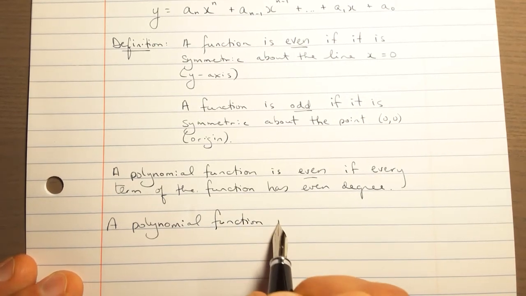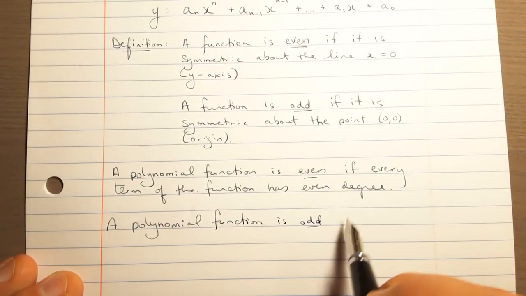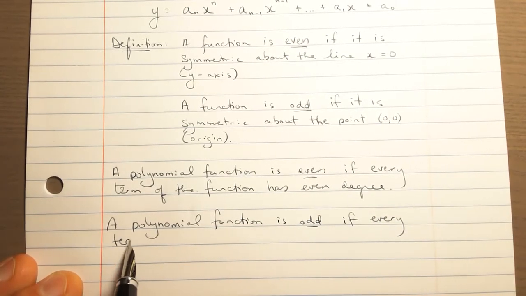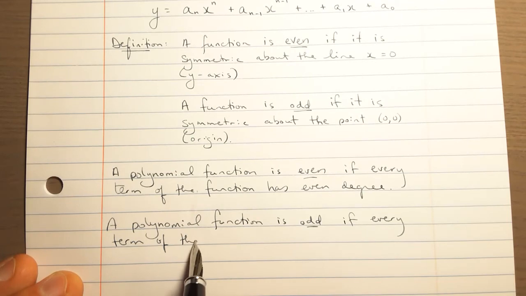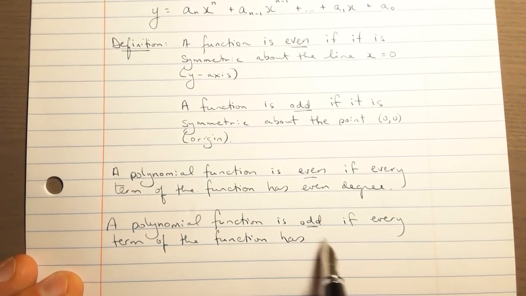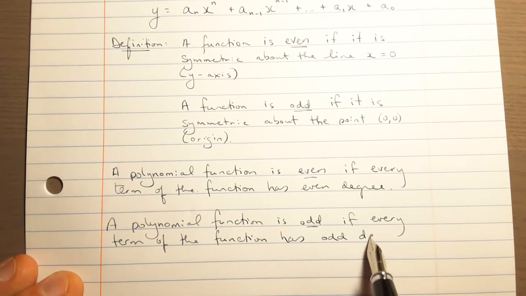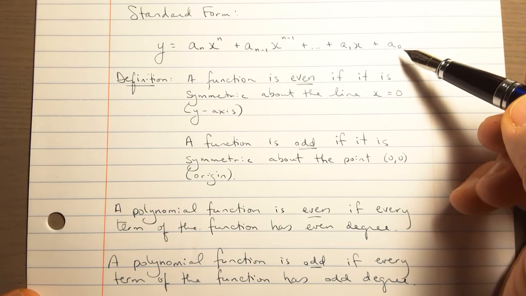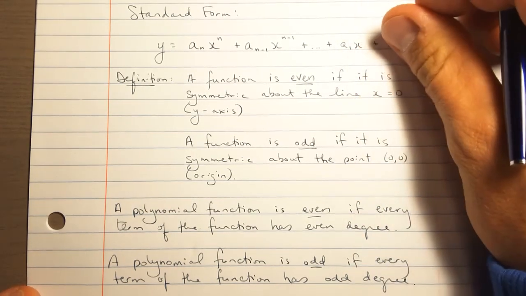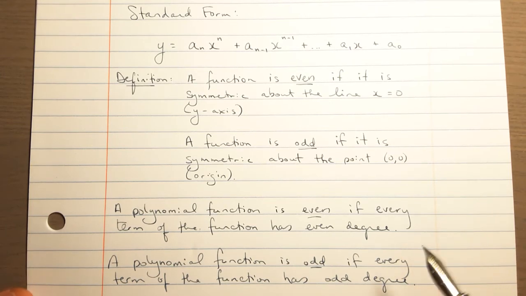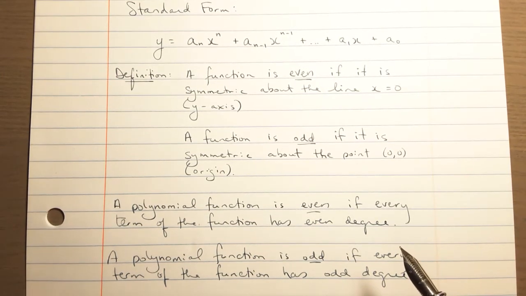A polynomial function is odd if every term of the function, when you write it in standard form, has odd degree. And what you'll notice then is that it can't have a constant term because that has degree 0, but it can have, for example, that linear term, but it couldn't have a squared term or a term with degree 4, and so on.